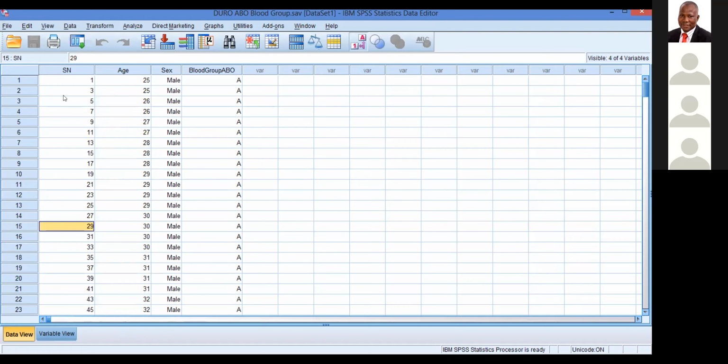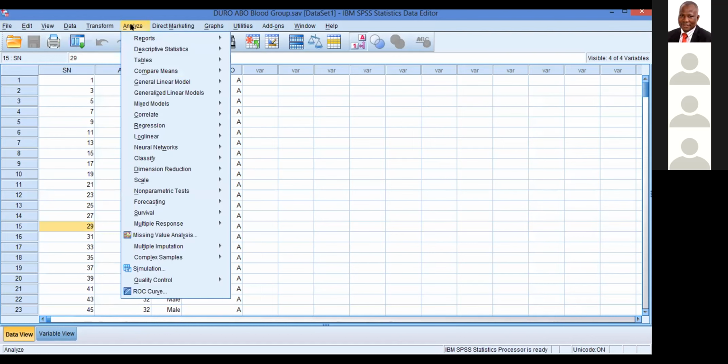Now, analyze. If you look at it, it's only the block group. The age, the sex, whatever, that data is not useful to you because it's only the block group you are targeting. So it's not frequency. Go to non-parametric.